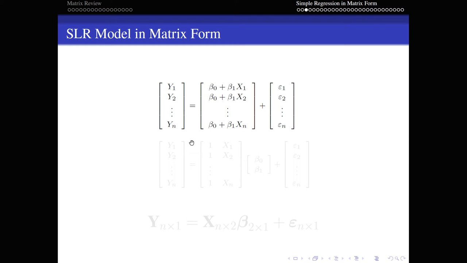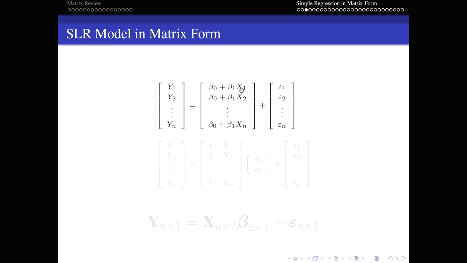Now, if I split these out as a series of different vectors, we would have the y vector with all of the observations from y 1 to n. We would have what we call the fixed component, which is beta 0 plus beta 1 x1. This is also y hat.